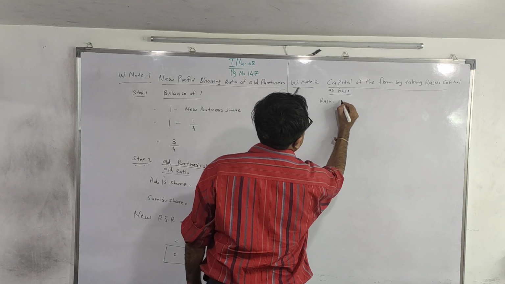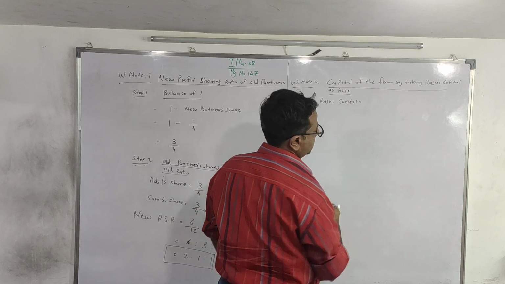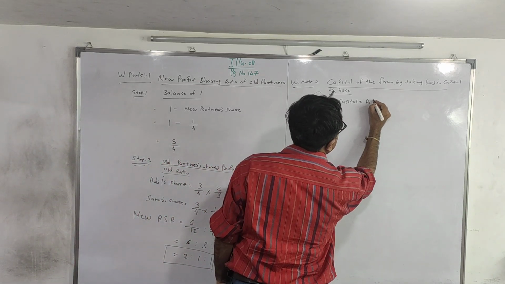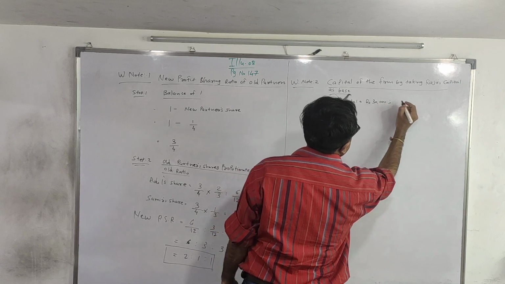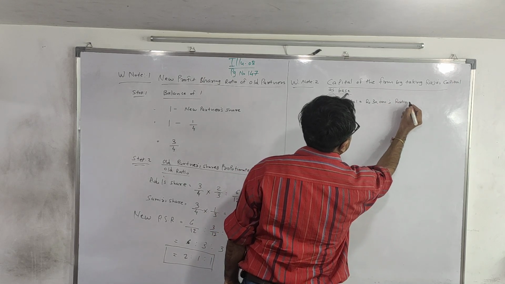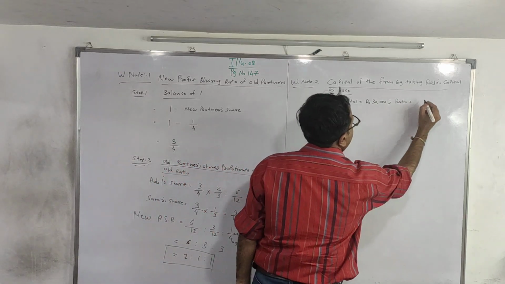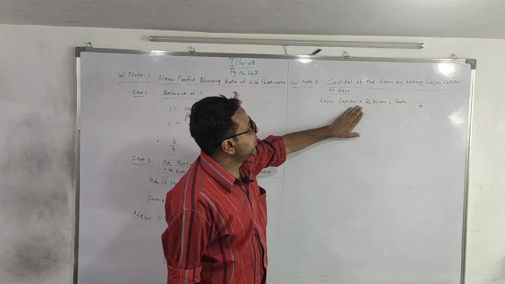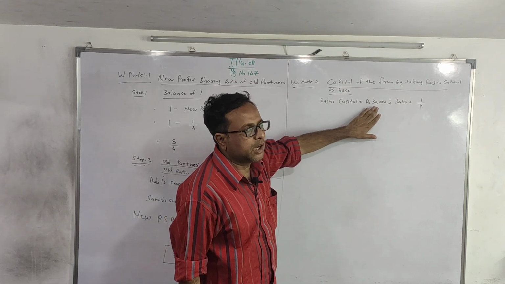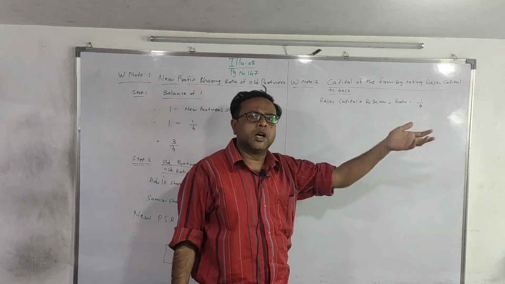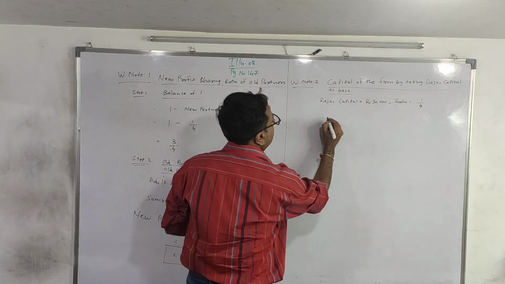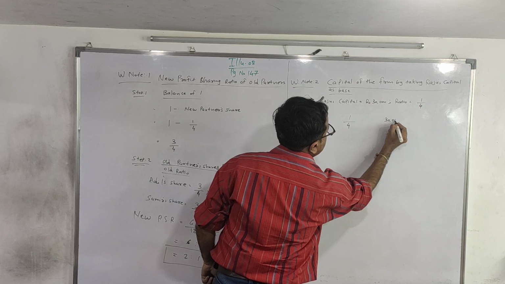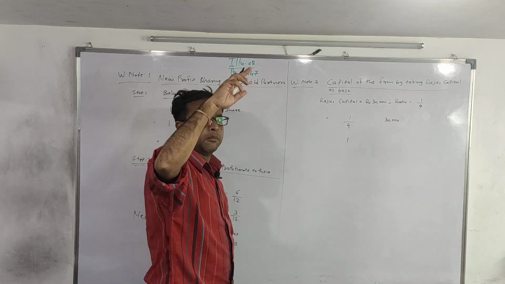Raju's capital is 30,000 and the ratio is 1 upon 4. So for a 1/4 ratio, when Raju is bringing a capital of 30,000, for the entire firm the capital should be how much? So we will write it down in this manner. 1 upon 4 is 30,000. So 1, that is the entire firm.